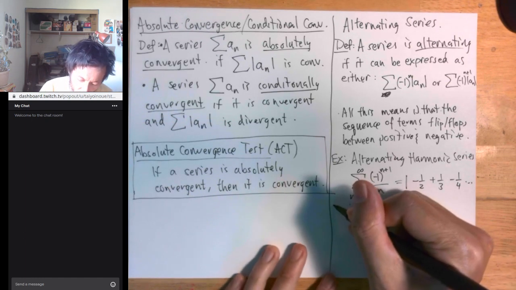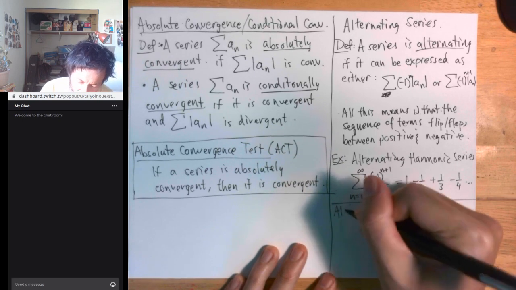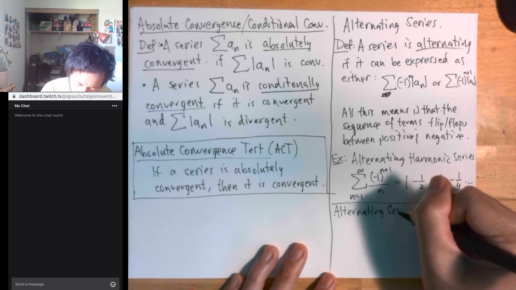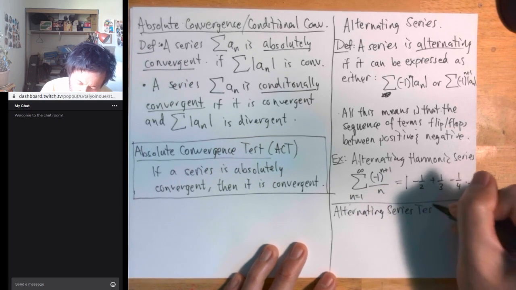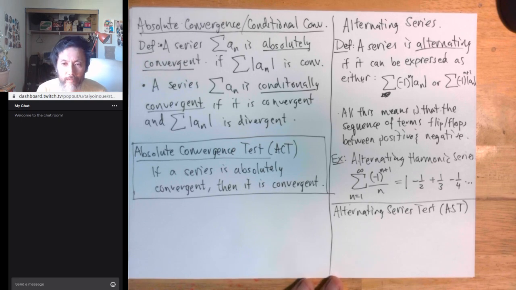And we have a great result in that regard, which we are going to call the alternating series test, which we will abbreviate AST as usual. And what does this result say?